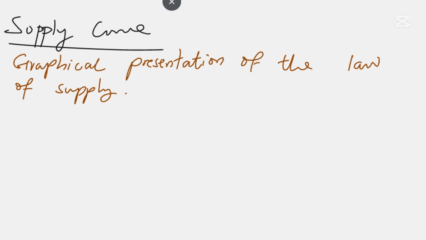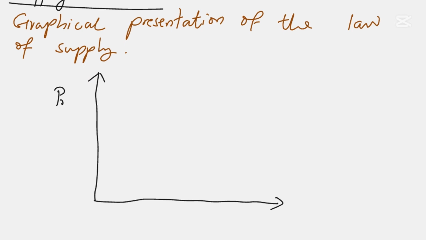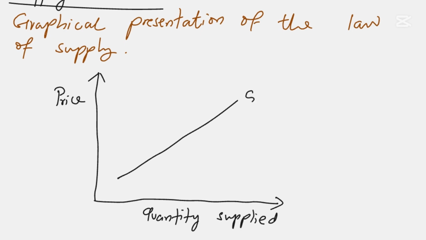So the law of supply, when plotted on a graph, will give us this kind of graph. On the y-axis, we have price against quantity supplied. What must change? Price changes, then it's followed by quantity supplied. And here we have the supply curve.